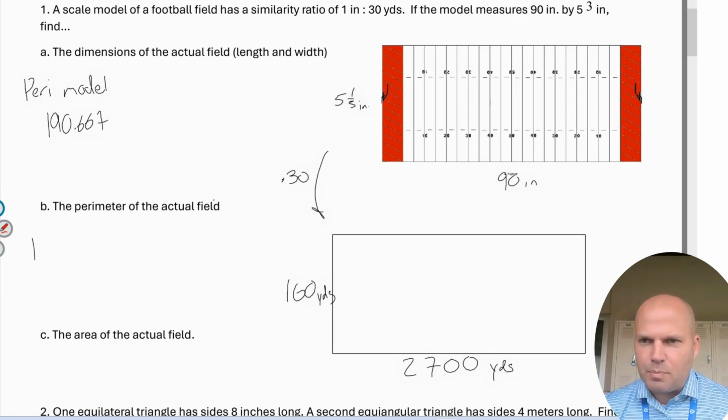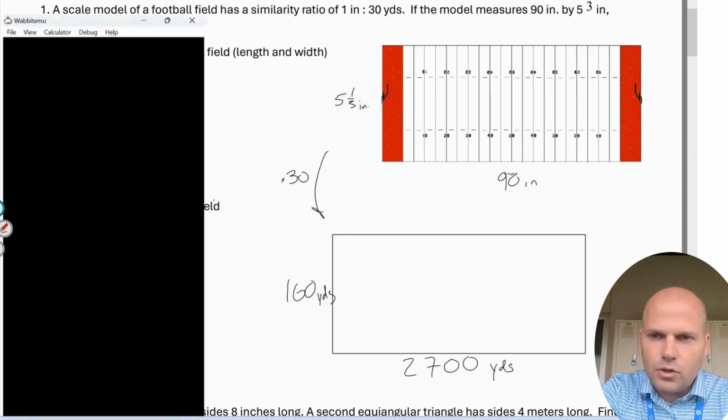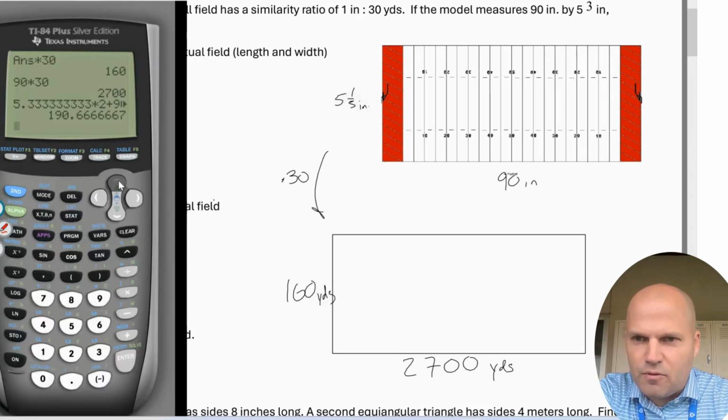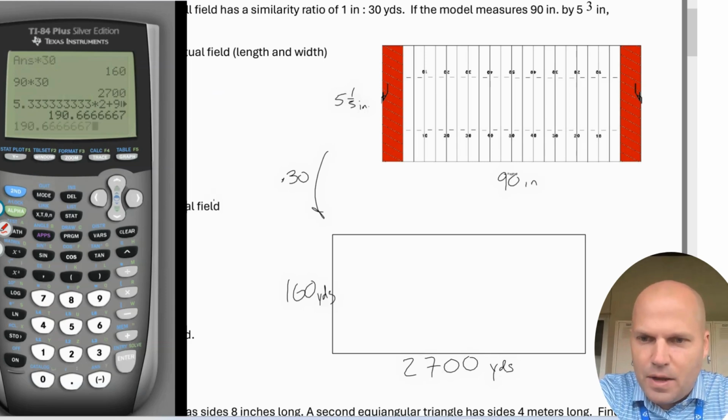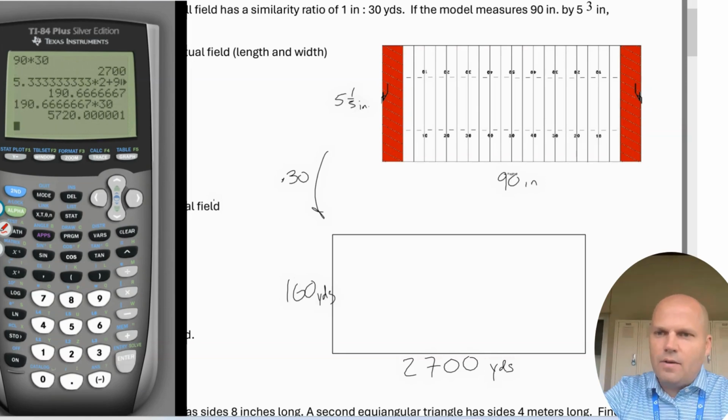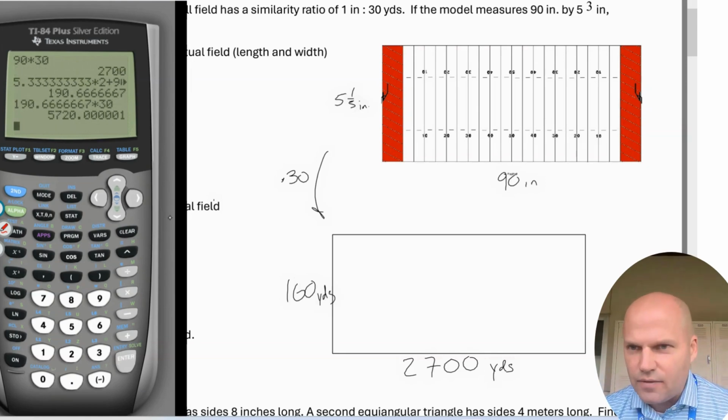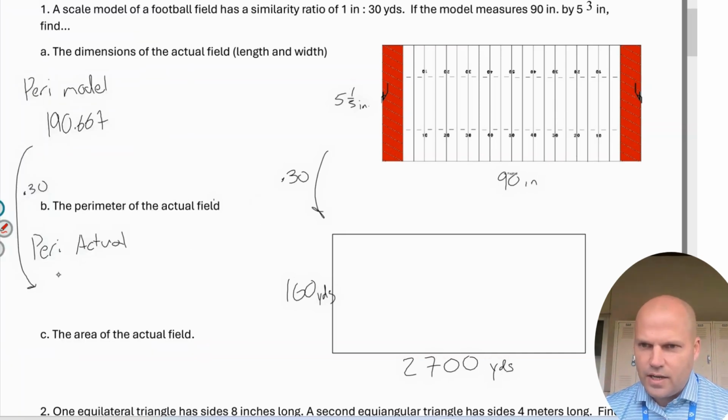Well, you know that the perimeter of your actual, since perimeter is just a length, that you could take your perimeter of your model and multiply it by 30. So I'm going to do that. Just take the perimeter of my model and multiply it by 30. And we get 5,720. And we're going to assume that your calculator is just off by a little.